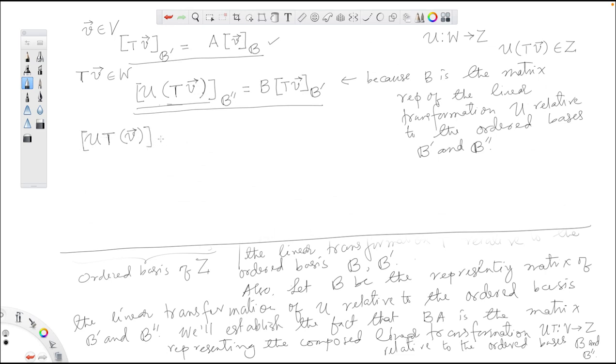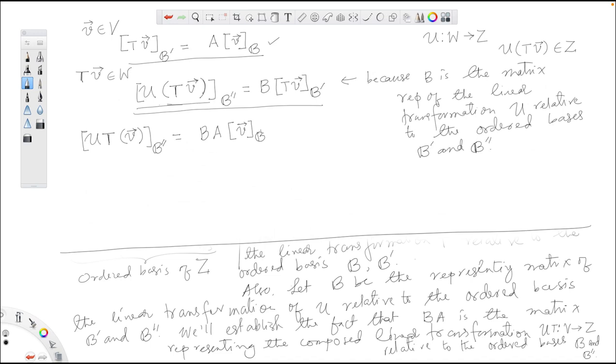Okay, so its coordinate matrix relative to the ordered basis B double prime is going to be equal to B times A times the coordinate matrix of the vector v relative to the ordered basis B.